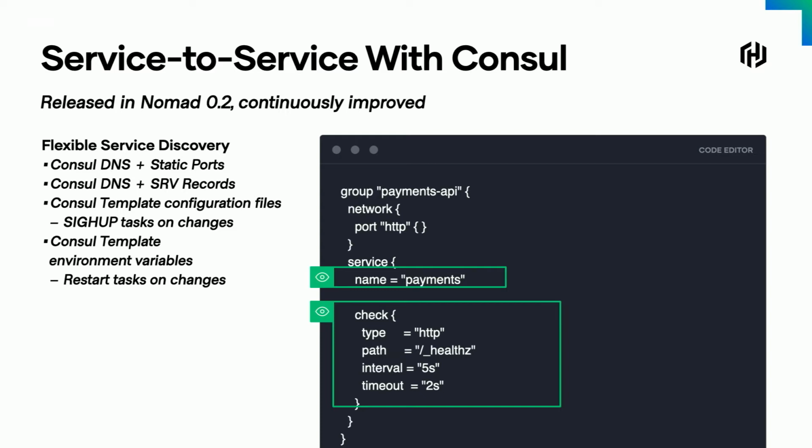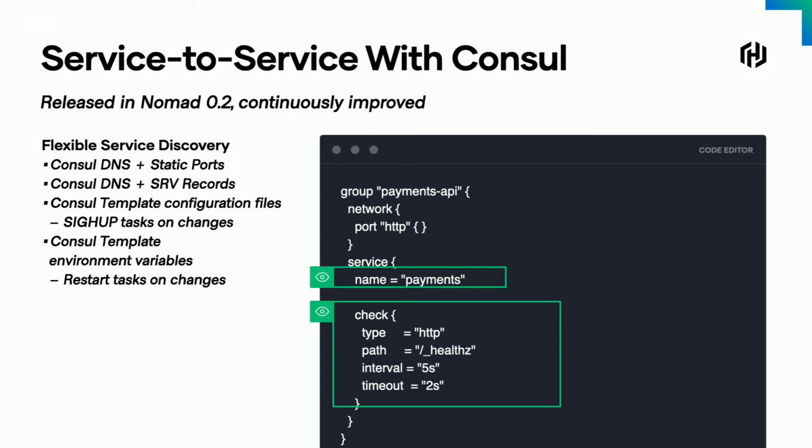There's also the consul-template tool that is built into Nomad, so you can define a template stanza in your Nomad job file that's using consul-template to render the instances of an upstream service, and then as those change, Nomad can either send a signal to your task, or it can restart it.